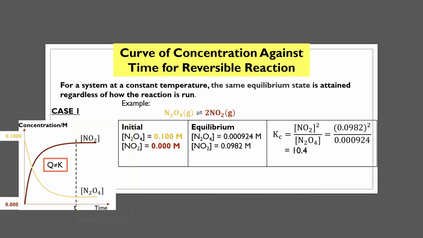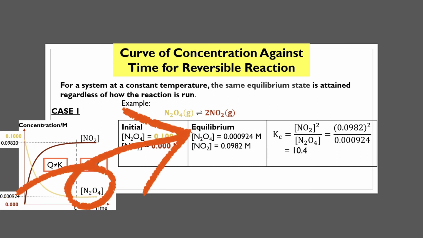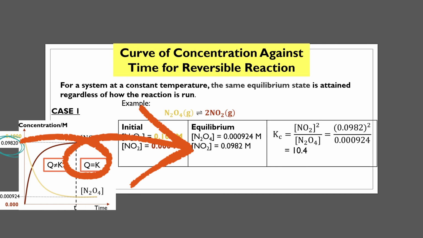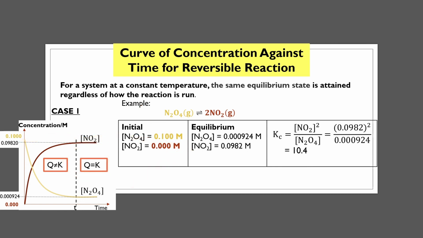At equilibrium, the concentration of N2O4, the reactant, is constant at 0.0000924 molar, while the concentration of the product NO2 is constant at 0.09820 molar. To determine the equilibrium constant in terms of concentration, Kc, the concentrations of the reactant N2O4 and NO2 at equilibrium are substituted into the Kc expression, and the Kc value is determined to be 10.4.